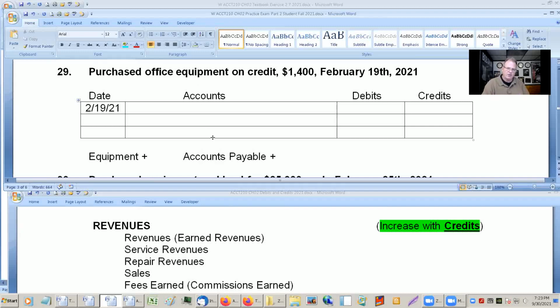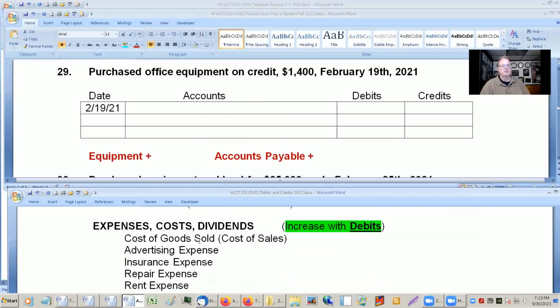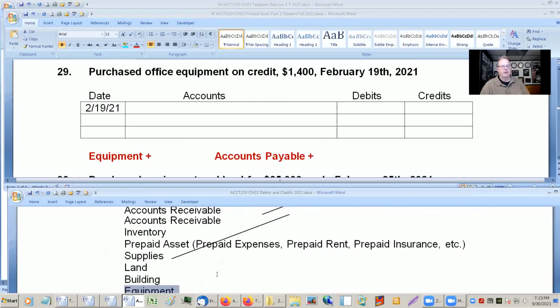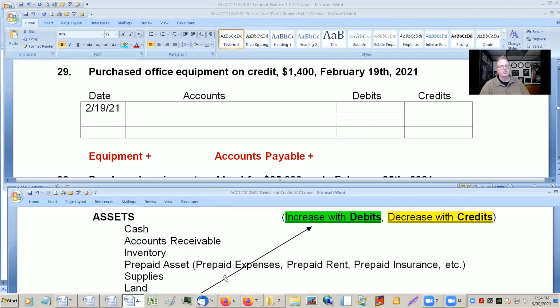We do owe money, but it just means that we owe more money when that goes up. We owe, say, $1,400 more. So equipment is going to be a debit, an asset.